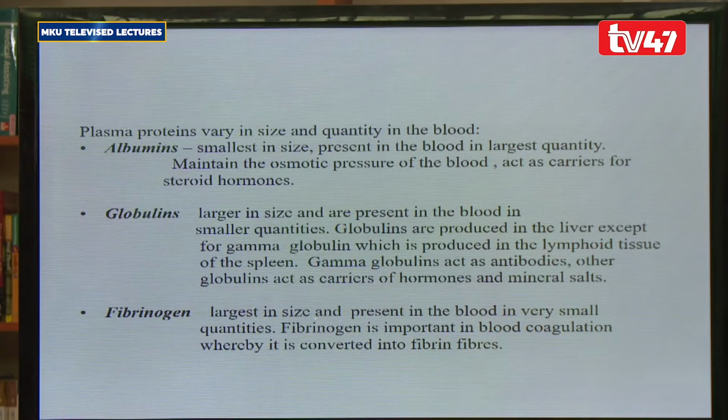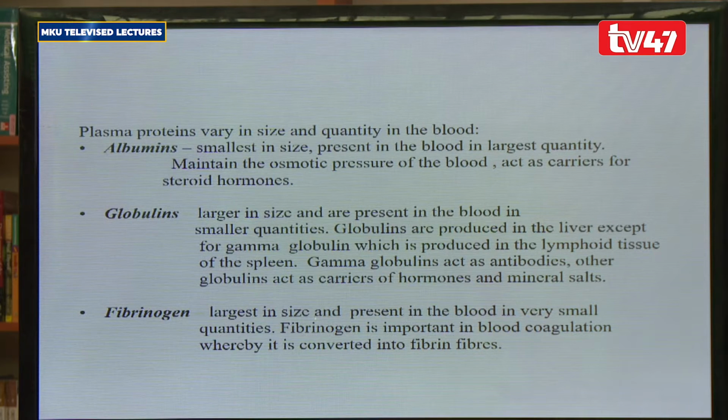The albumins, to start with, are the smallest in size and present in the blood in the largest amount. Because of the large quantities, their main role is to help maintain the osmotic pressure of the blood, and they also act as protein carriers for steroid hormones.